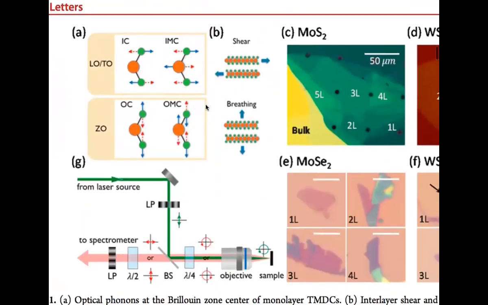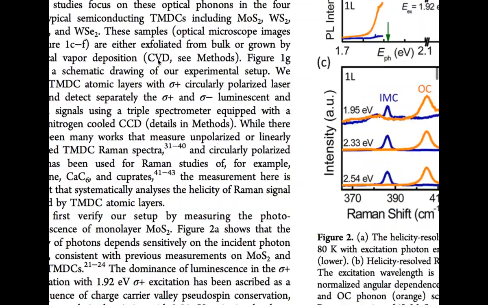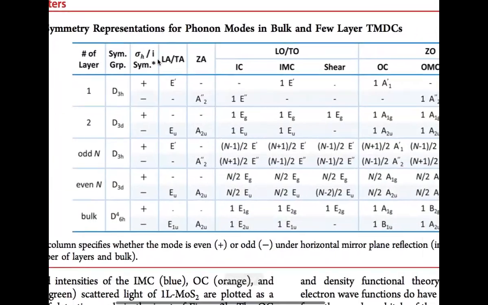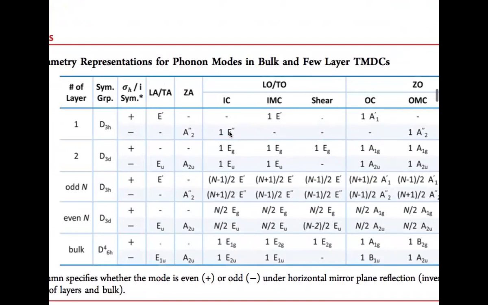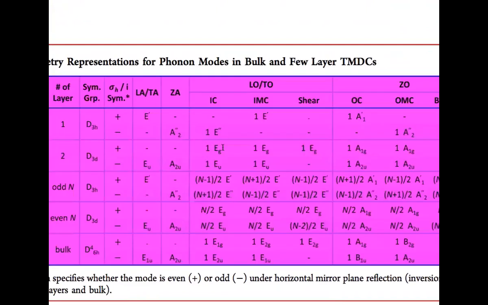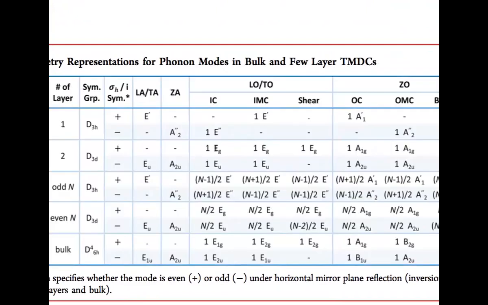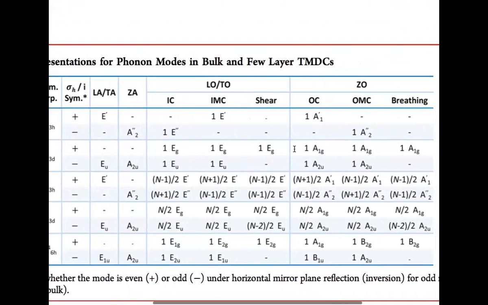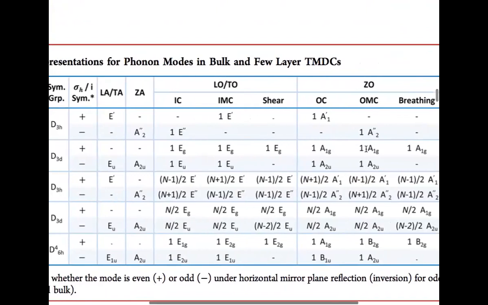Then there is the shear mode and the breathing mode. Okay, that's fine. Then you go to the table, and you can see the IC mode and the IMC mode, and these are their representations.